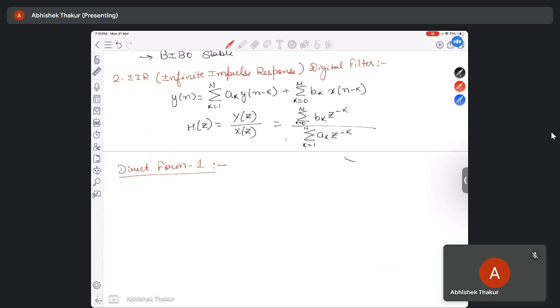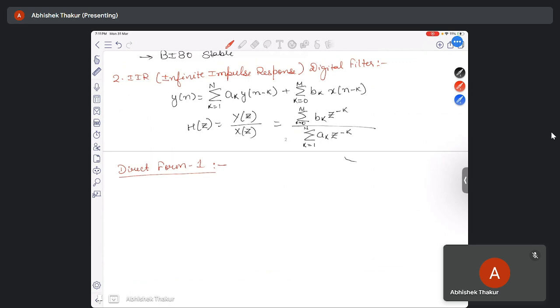The digital system structure that is determined directly from either equation is called direct form 1. In this case, the system function is divided into two parts, and both parts are connected in cascade. The first part contains only the zeros, the numerator part, followed by the second part, which contains the poles.